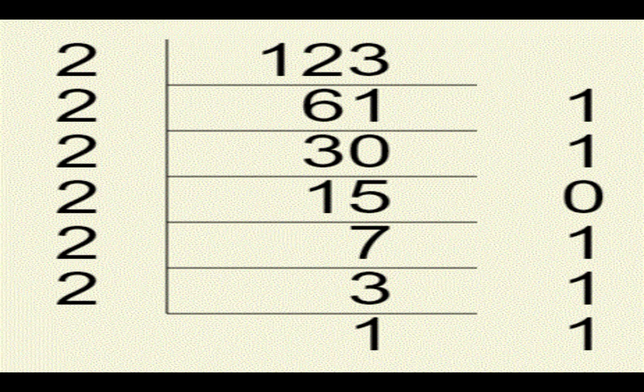So we write 61 below 123, and 1 on the right. 61 divided by 2 is 30 with a remainder of 1. 30 divided by 2 is 15, remainder 0. 15 divided by 2 is 7, remainder 1. 7 divided by 2 is 3, remainder 1. And 3 divided by 2 is 1, remainder 1, and the last 1 is 1. So at the end, 123 in decimal base is converted to the binary 1111011.